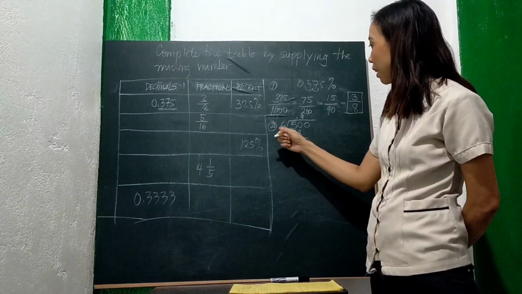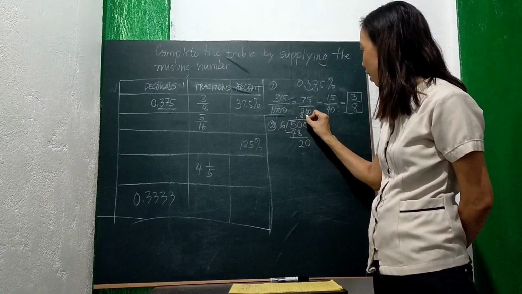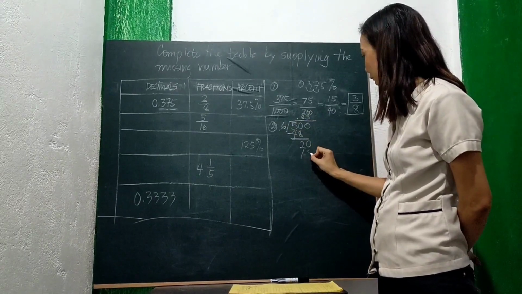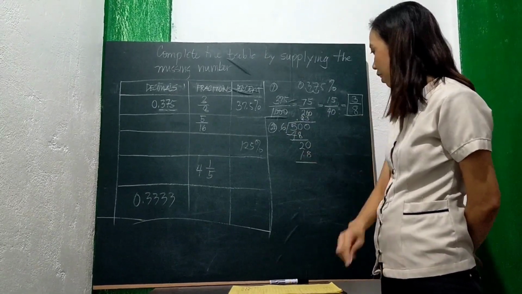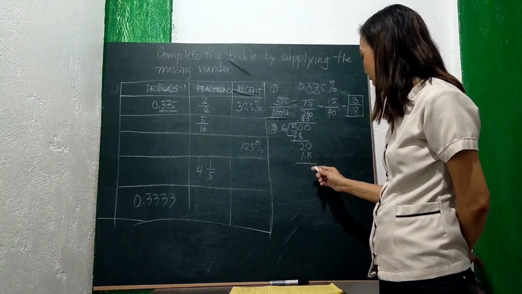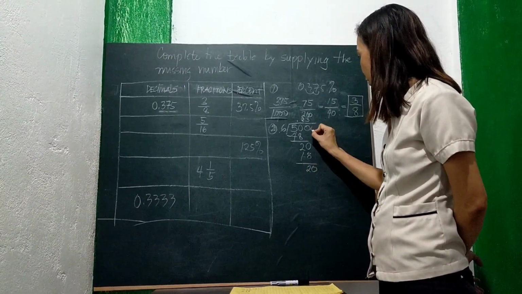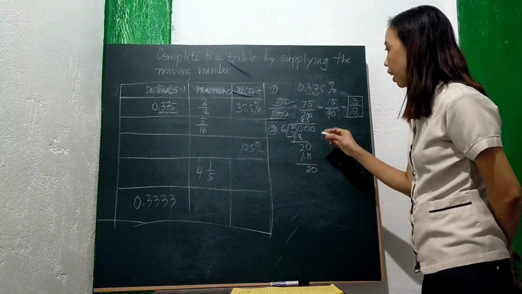Add 0. Add 0. So, 20 divided by 6 is 3. 3 times 6 is 18. Okay. This is 2 and add another 0. Okay.